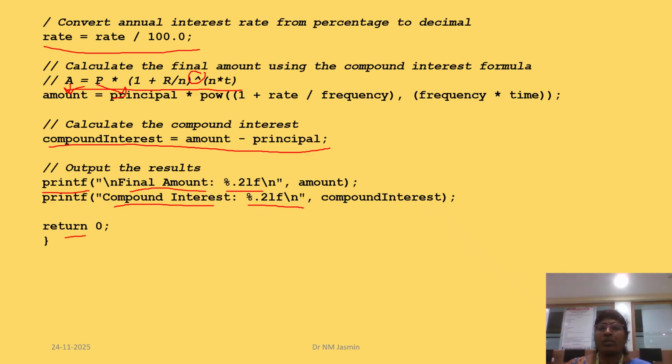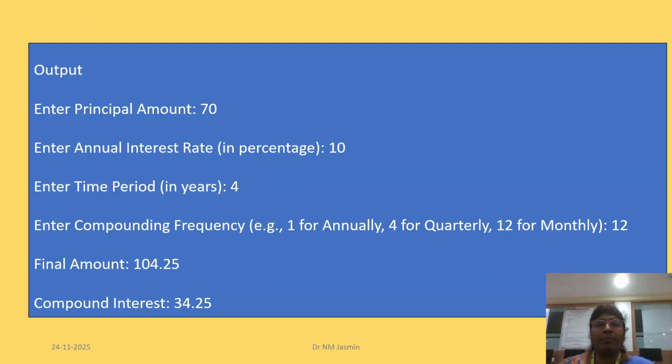Once you compile this with 0 errors and run this program, you will automatically get the output like this. Enter the principal amount 70, enter annual interest rate 10. I have entered these values, but you can enter different values also.